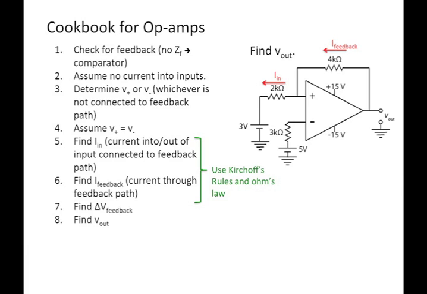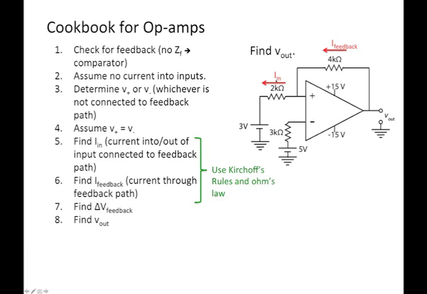We're going to find the current in, right? I have it drawn away from the op amp, but that could be going into this junction or away from this junction at the non-inverting input on this picture. Then we find that current using Ohm's law, and then we know at this junction there's no current going into the non-inverting input. We have current out through this 2 kilo ohm resistor, so that current must be coming through this feedback path, the feedback wire connecting V out to the non-inverting input.